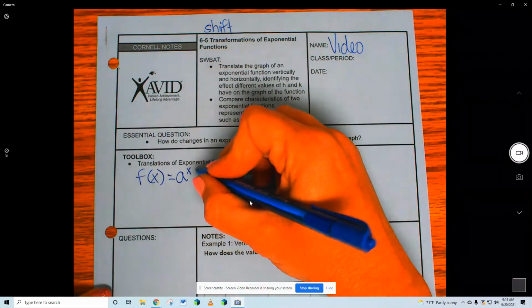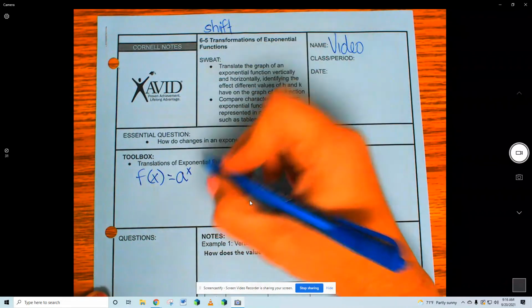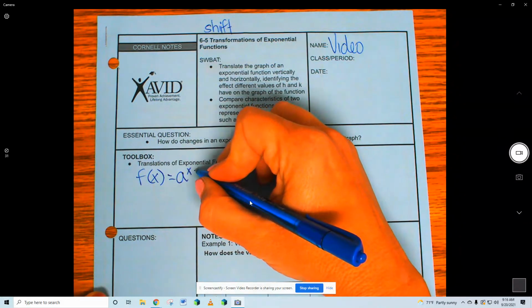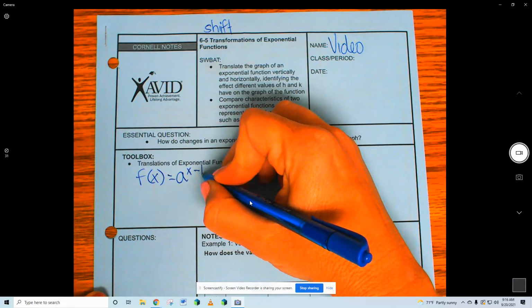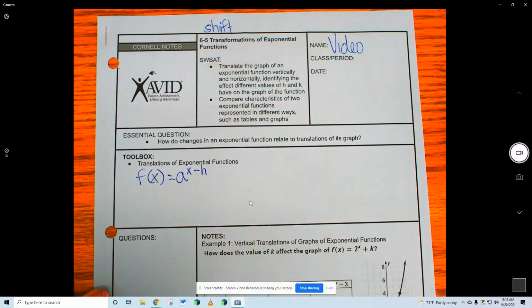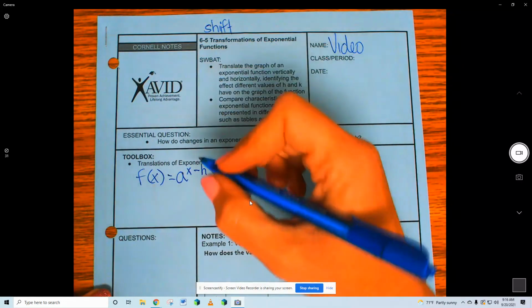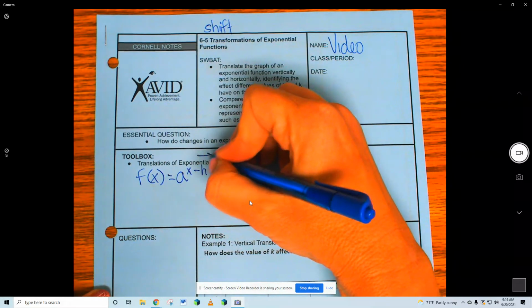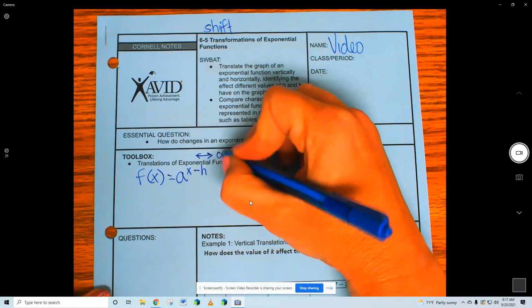Now, this exponent here, x, I can add a number to it. It's always going to be a 1, a 2, a 3. I would never put a fraction up there. And the h tells me to go left and right, and it's the opposite sign.